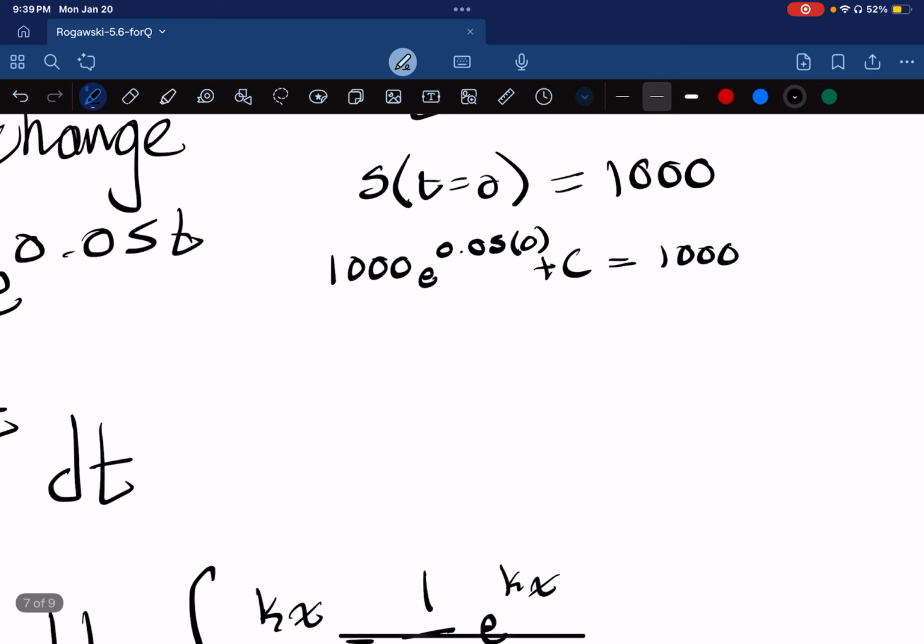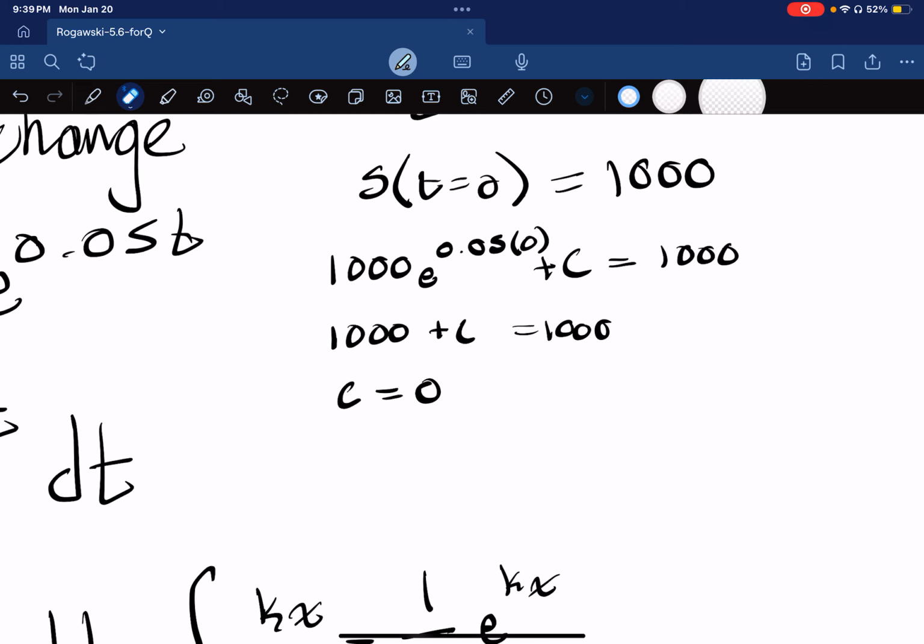And when that happens, this simplifies to e to the 0, which is going to be 1. So 1,000 plus c is equal to 1,000. And for this to work, you finally end up with c is equal to 0. Now, this is a very lucky and coincidental question where c is 0, but there will be some times where c is not equal to 0.